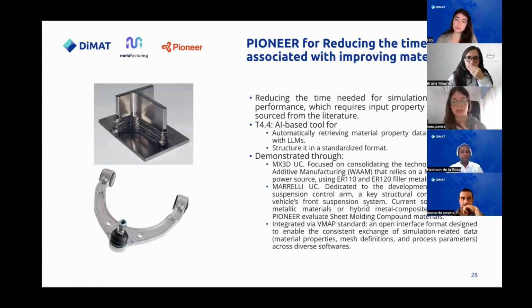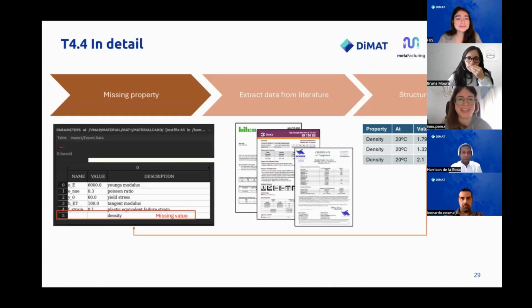All of this will be integrated with the DiMAT standard, which is an interface designed to exchange simulation data across diverse software. So in the next slide, you can see this with a bit more detail. In the slide, you can see a screenshot of these DiMAT files showing the inputs needed for running a simulation.